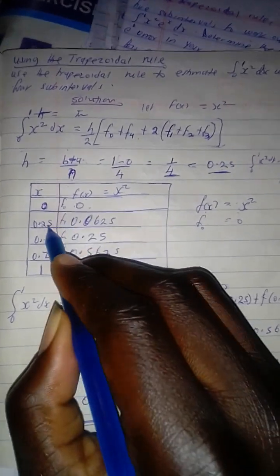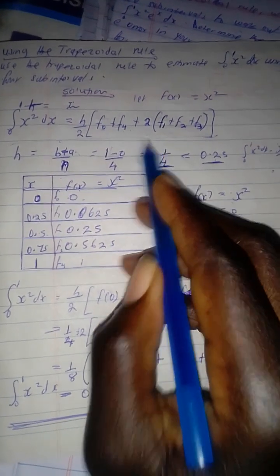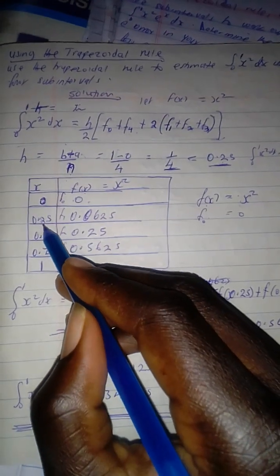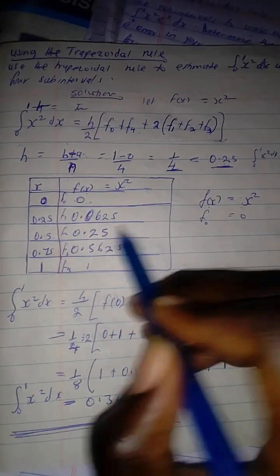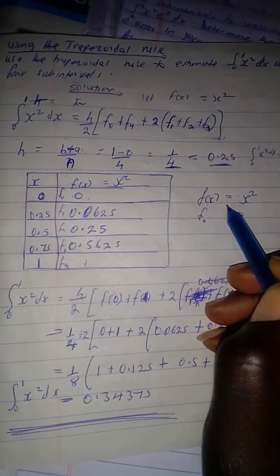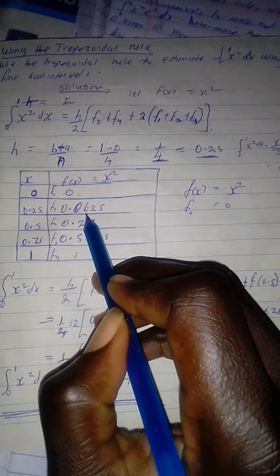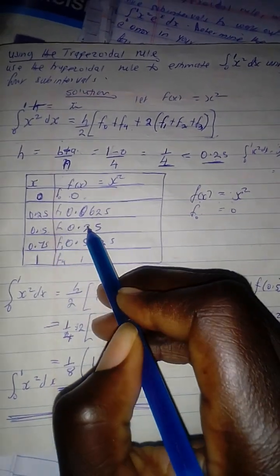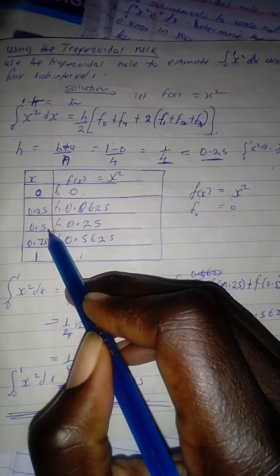Now, to get f of 1, we put 0.25 where x is. You get 0.25 squared, which is where we have gotten this one. Now, to get this one, we get 0.5 squared.